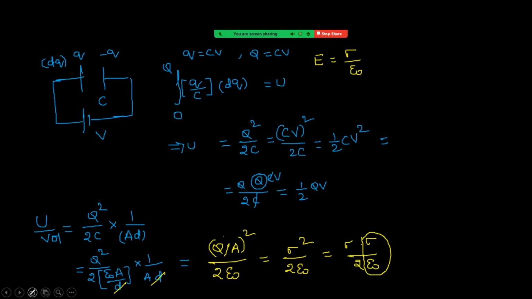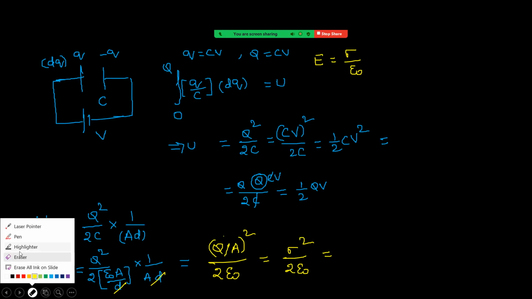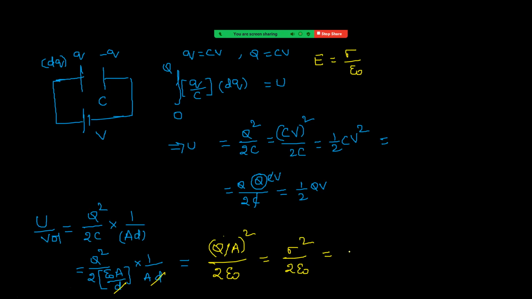Otherwise, what I can do is, instead of taking it like this, multiply and divide with epsilon naught. Half epsilon naught, sigma by epsilon naught whole square. Now this is half epsilon naught E square.